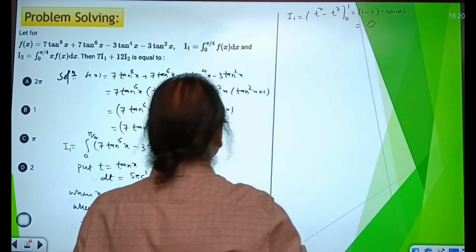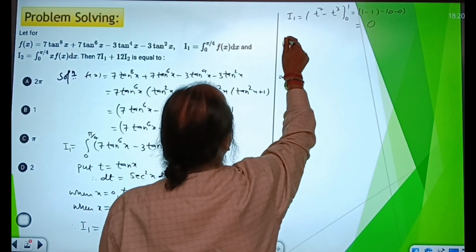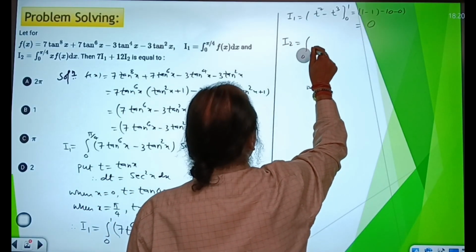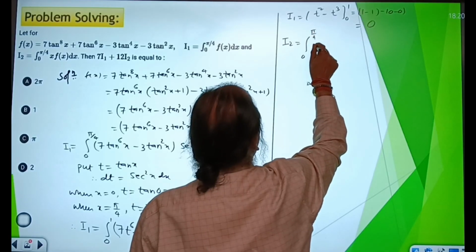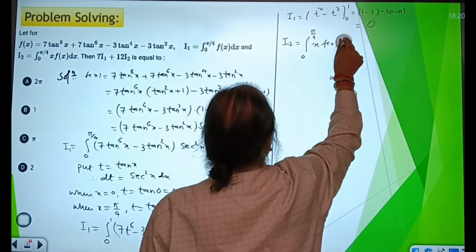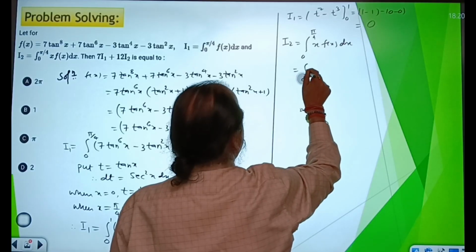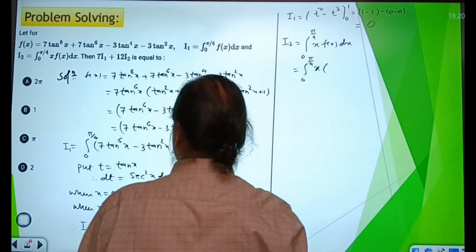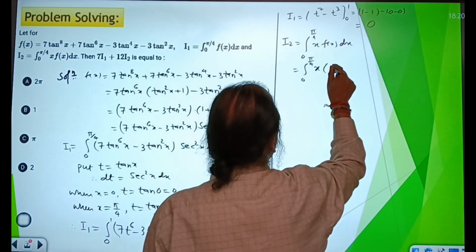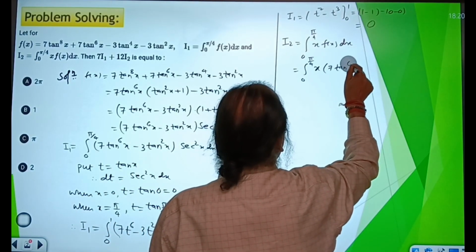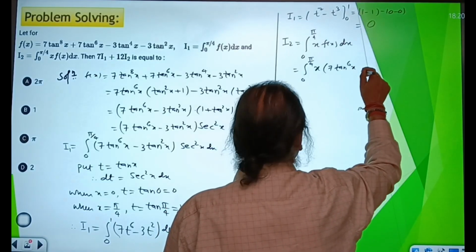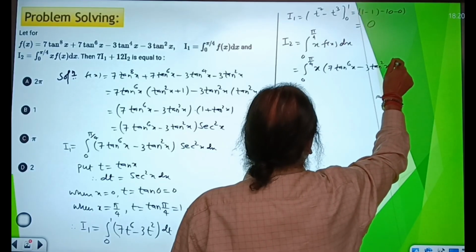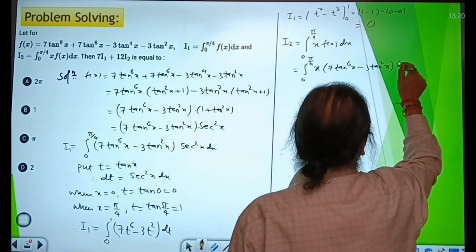Now I2 is what? Integral 0 to pi by 4 of x f(x) dx, which is integral 0 to pi by 4 of x into (7 tan^6 x minus 3 tan^2 x) into sec^2 x dx.